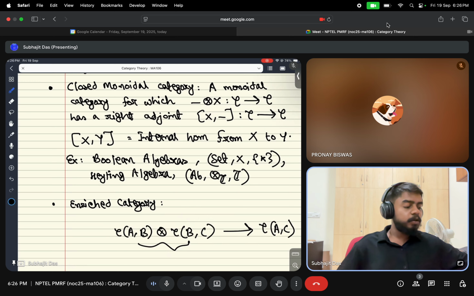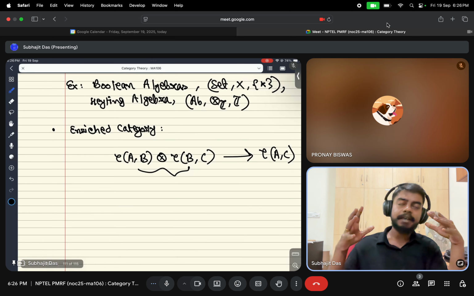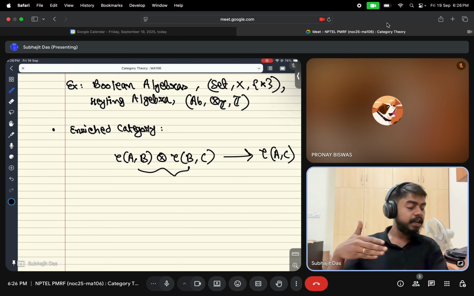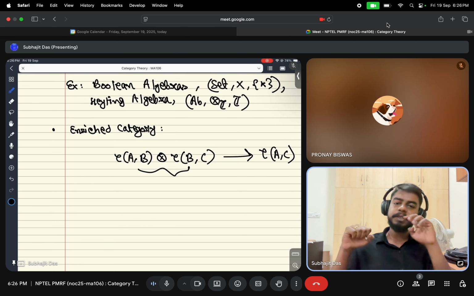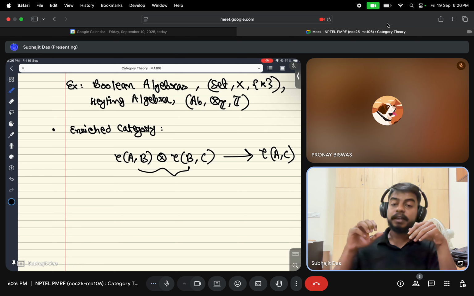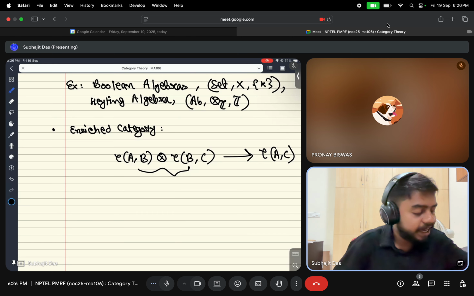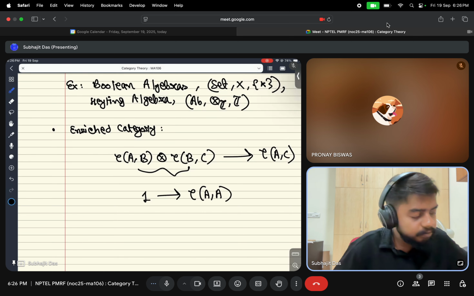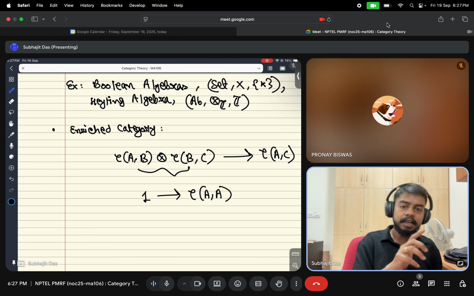An enriched category, enriched in a monoidal category V, let's say, consists of a class of objects. For every ordered pair of objects, you have a Hom object, which is an object of your base monoidal category. For every triple of objects, you have a composition law, and for every object A, you have an arrow 1 to C(A,A), which essentially is supposed to pick the identity.